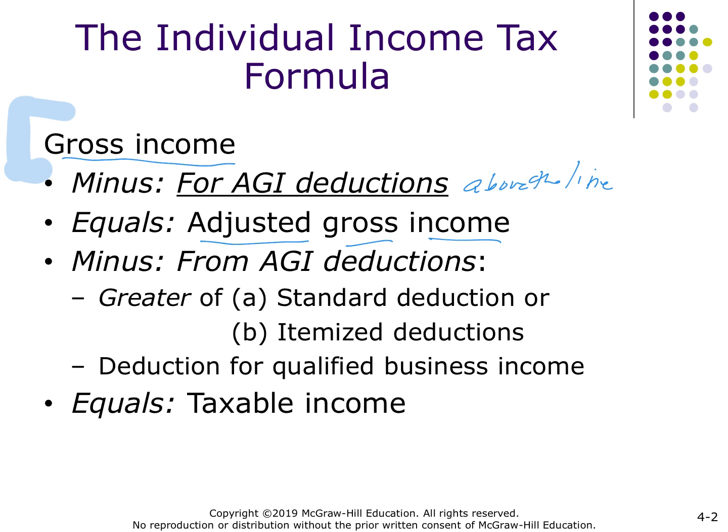Now, I will tell you that for exam 2, it's going to be very important that you're able to distinguish these different items. You'll be given a situation with all kinds of information about an individual or married taxpayers, and you'll be asked to determine gross income. You will be asked to determine their adjusted gross income.